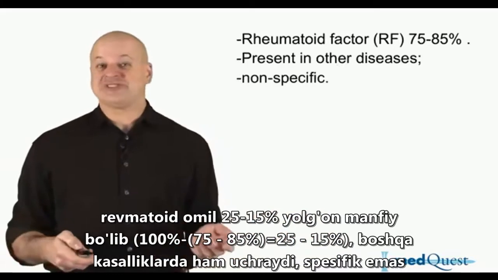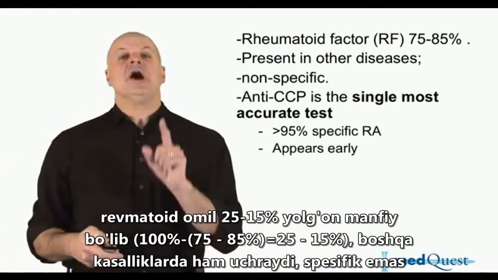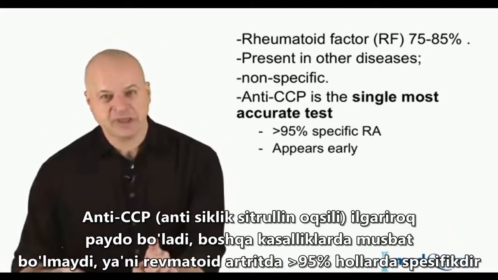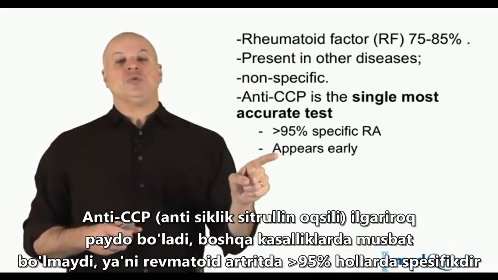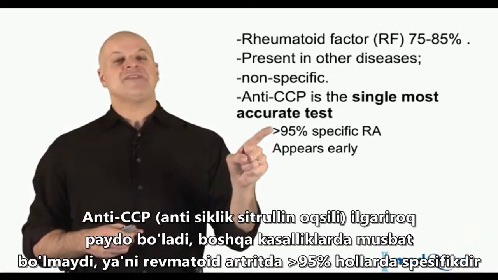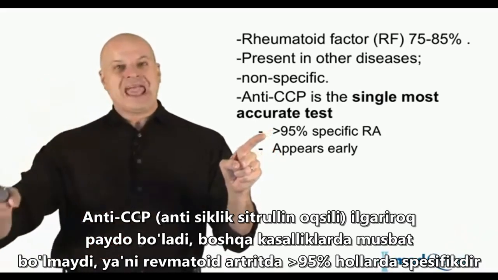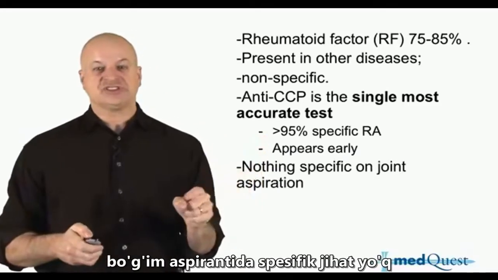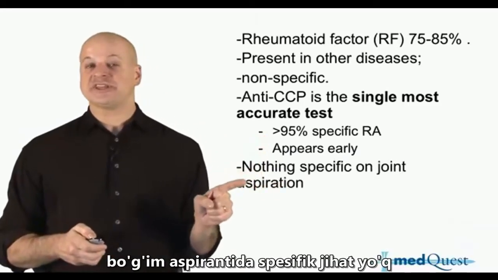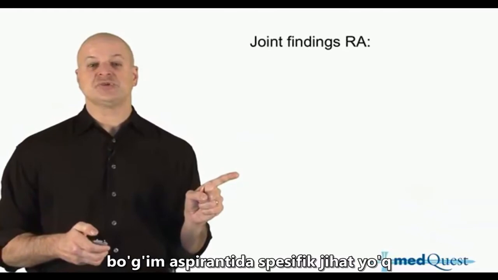It's present in so many other diseases, non-specific. But the cyclic citrullinated peptide appears earlier. That's the question, right? Which of these is the earliest finding? And the other thing is, when you have a cyclic citrullinated peptide, it's not positive with any other diseases. There's nothing specific on the joint aspiration.